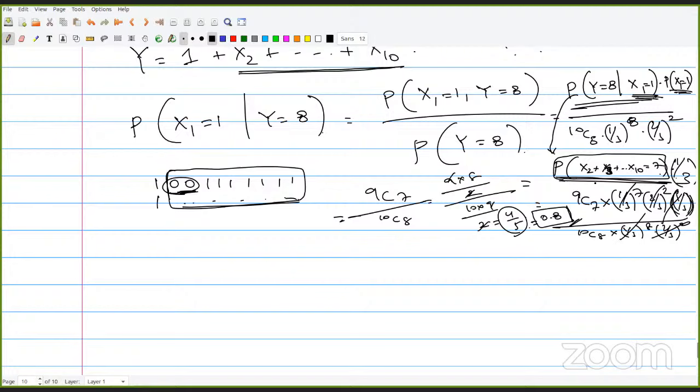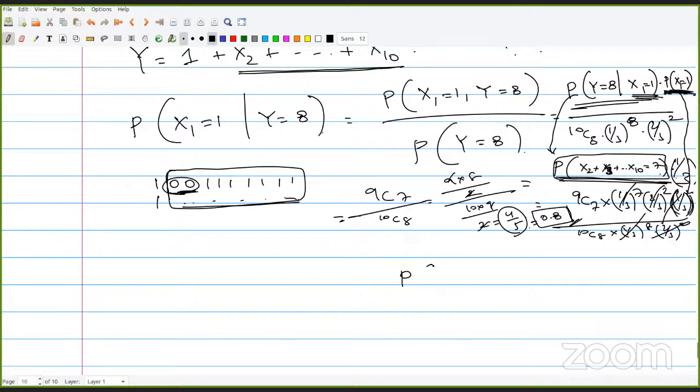It's exceeding 1. See, it's 1 by 3 power 7, and there is another thing: the probability that x1 is equal to 1. That will be 1 by 3 here. Even the numerator has 1 by 3 power 8. Sorry, I missed that part. Why is that?